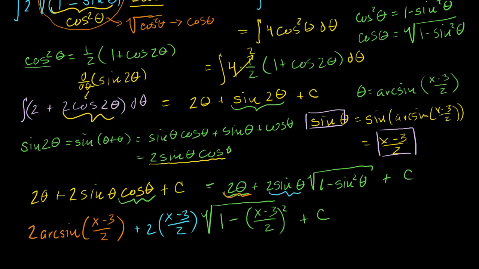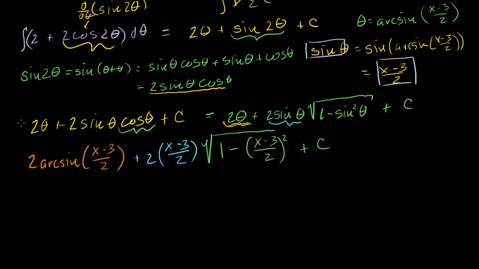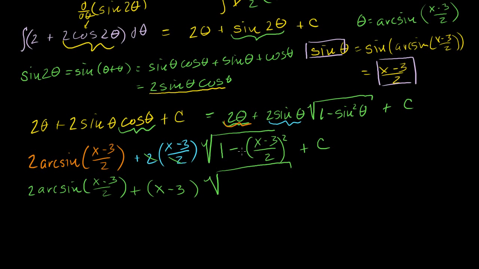And let's see if we can simplify this even more now that we're already at the home stretch. So this is equal to 2 arcsine of (x - 3)/2 plus, these two terms, this 2 and this 2 cancel out, plus (x - 3) times the square root of, what happens if we multiply everything here, this is equal to 1 minus (x - 3) squared over 4.